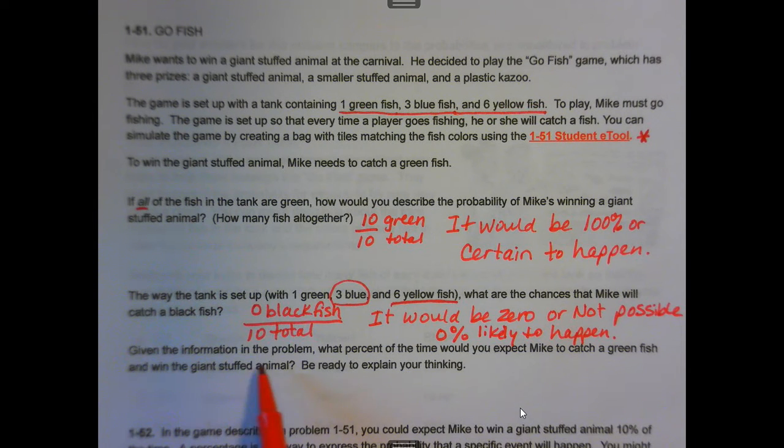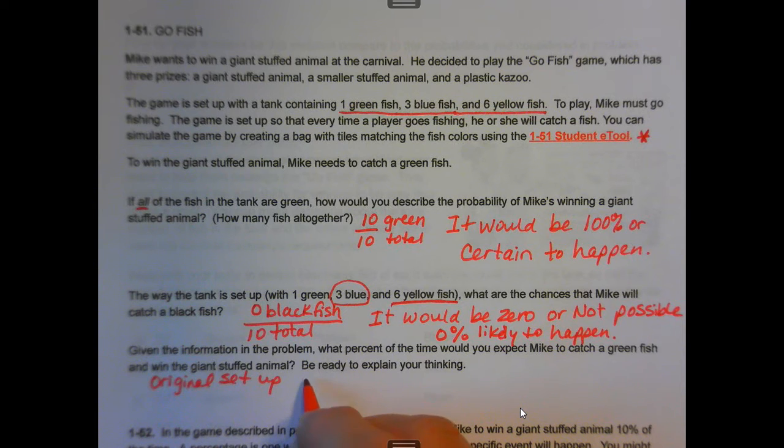Given the information in the problem, the original problem is what I think they're talking about. What percent of the time would we expect Mike to catch a green fish and win the stuffed animal? Well, in the original problem, or the original setup, we would have 1 green fish, 10 total, and he needs to win a green.